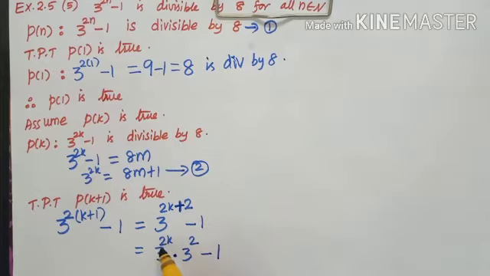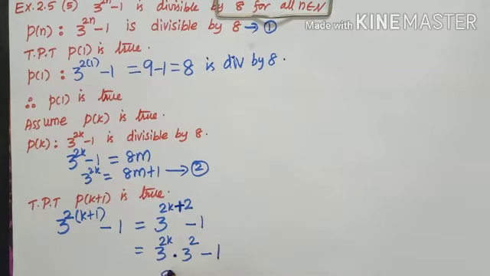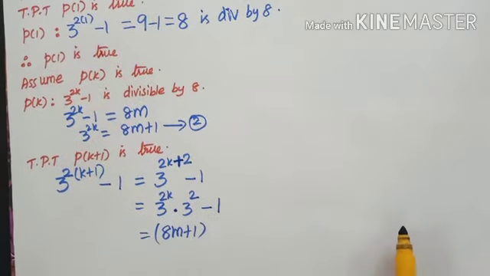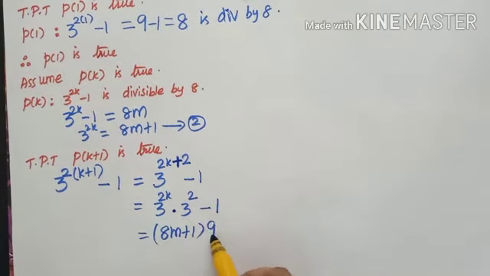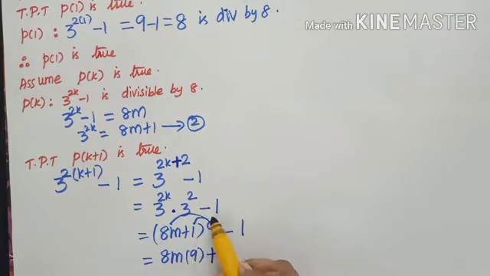What is 3 power 2k from this step? It is 8m plus 1. So 8m plus 1 into 3 square, which is 9, minus 1. Now multiply like this. 8m into 9 is 8m into 9, plus 1 into 9 is 9, minus 1.